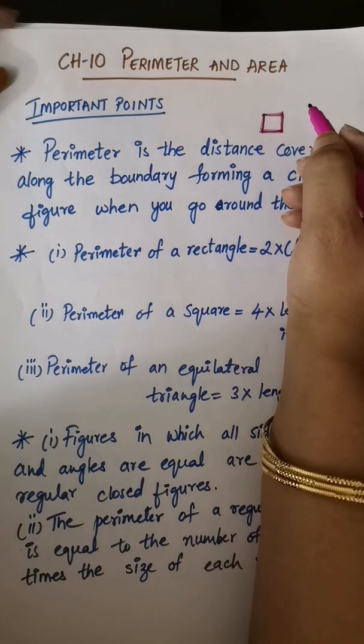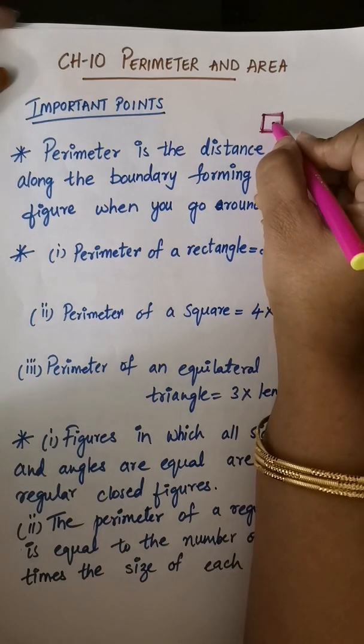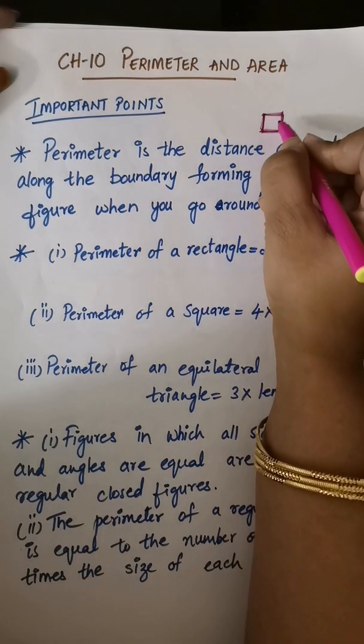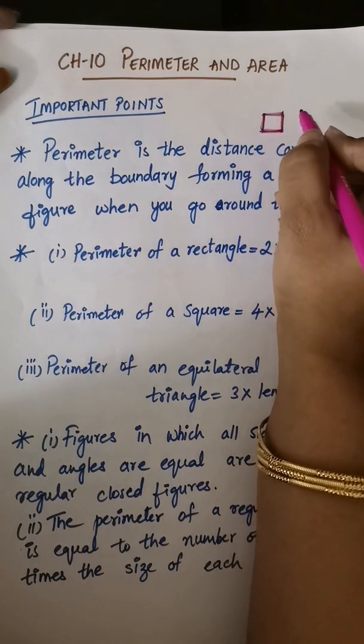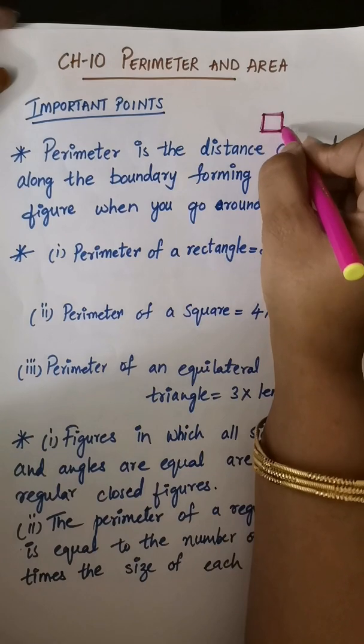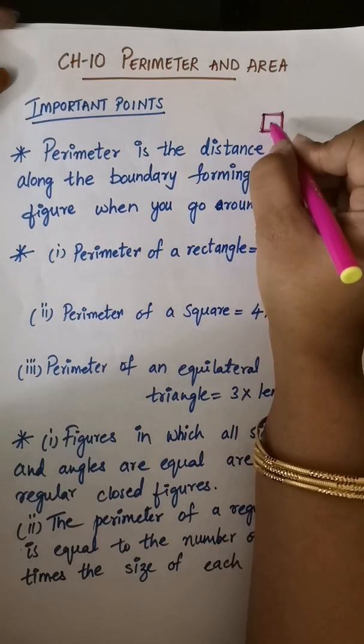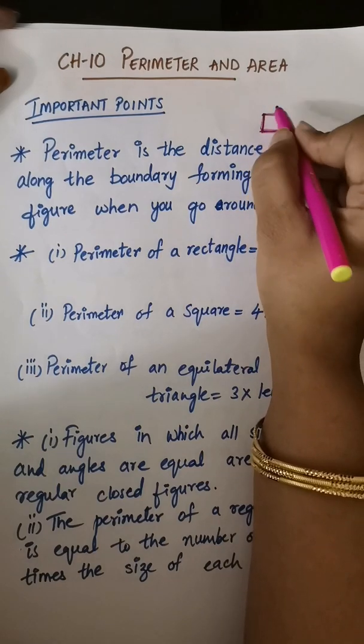Since it is a square, we can take the perimeter as 4 into side, since all the sides are the same. Instead of adding 2 plus 2 plus 2 plus 2, four times, we can take 4 into 2, which is 8.